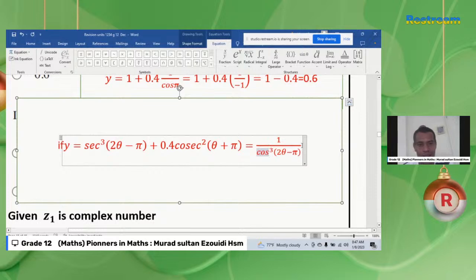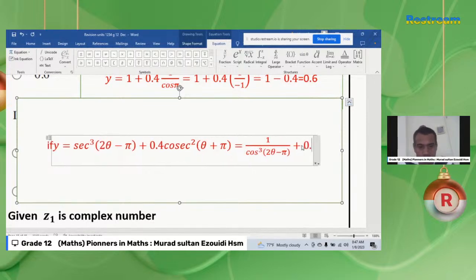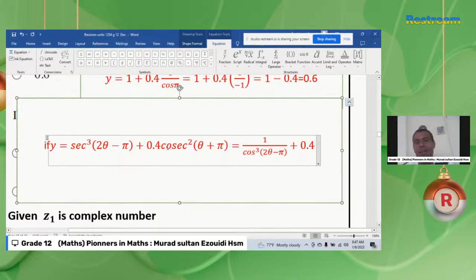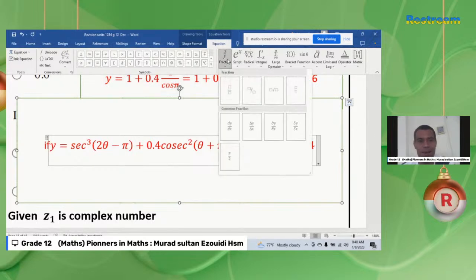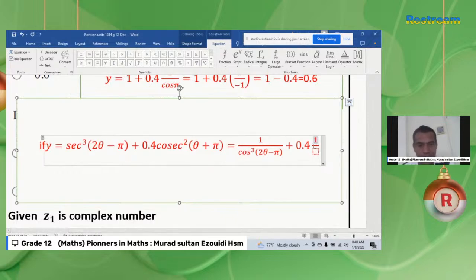Then plus 0.4 multiplied by cosec squared of theta plus pi, which is 1 over sine squared of theta plus pi.